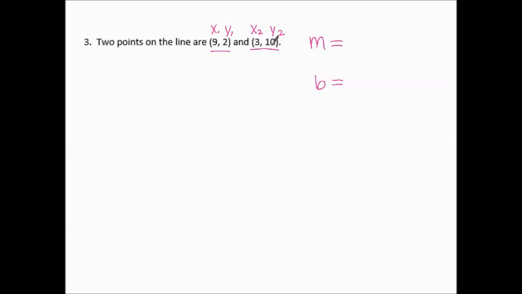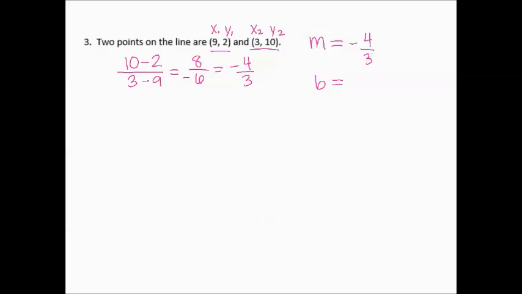So I have y2, which is 10, minus y1, which is 2, over x2, which is 3, minus x1, which is 9. You can either put that in your calculator or solve. 10 minus 2 is 8, over 3 minus 9 is -6. If I simplify that, I get -4/3. So my slope is -4/3.